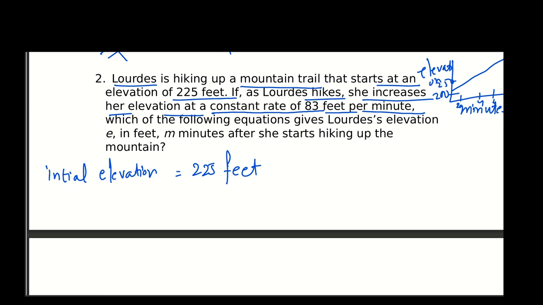So what we have to find is Lourdes's elevation in feet m minutes after she starts hiking up the mountain. So we have to find this elevation.